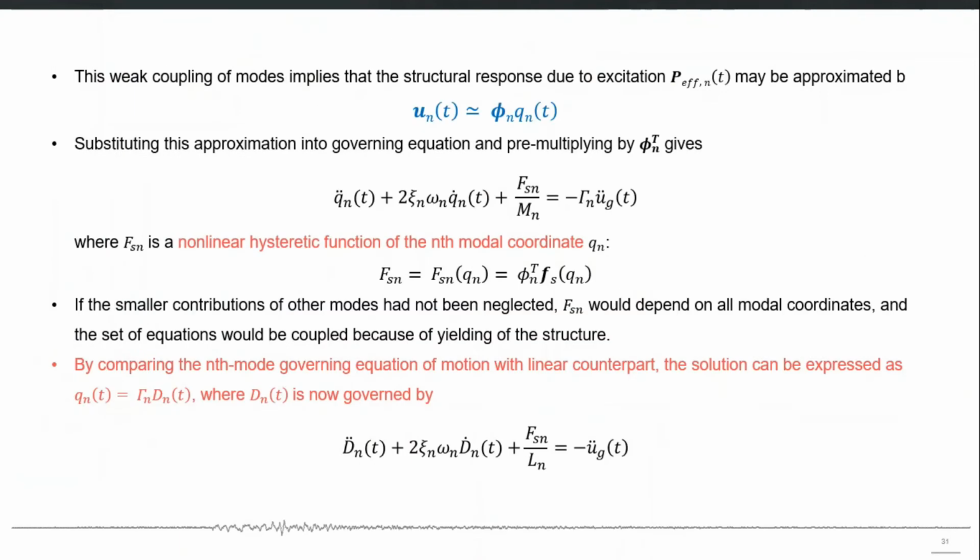So the UMRHA procedure is based on this whole equation that un of t is approximately equal to phi n into qn. That is, the nth mode effective earthquake forces will approximately produce response only in the nth mode, and the response contribution from other modes may be ignored.